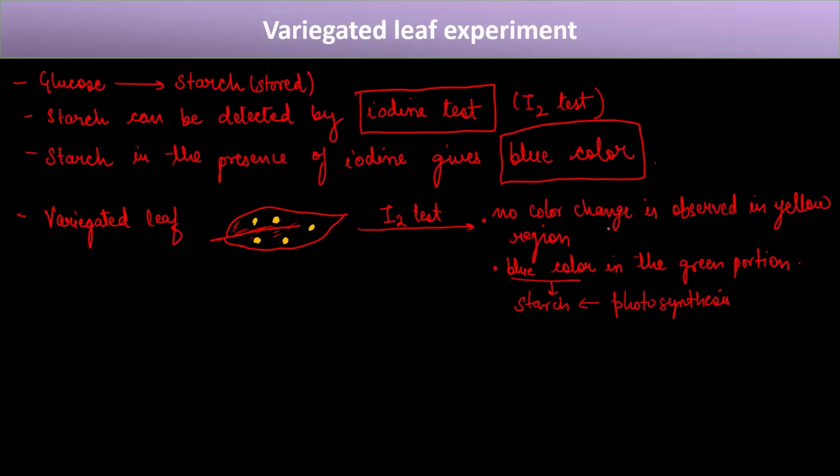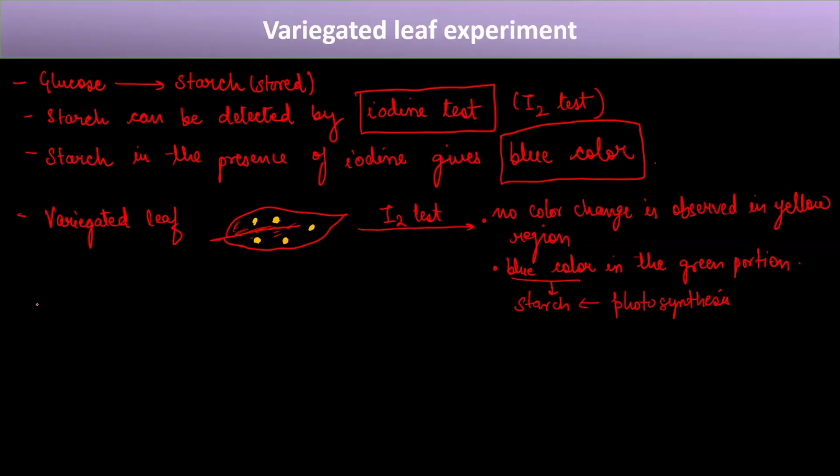While in the region where there is no color change, no photosynthesis is happening. So by this, one can conclude that photosynthesis takes place in the green region.